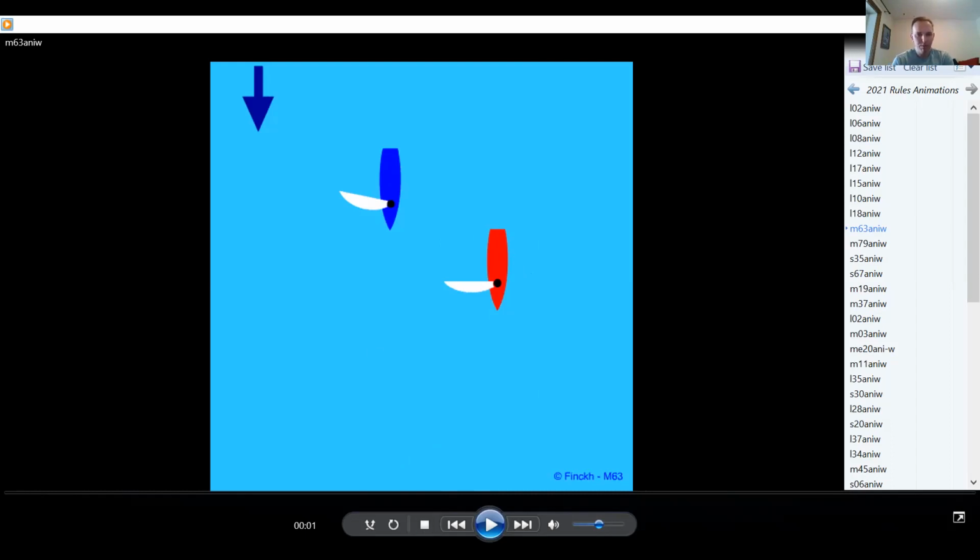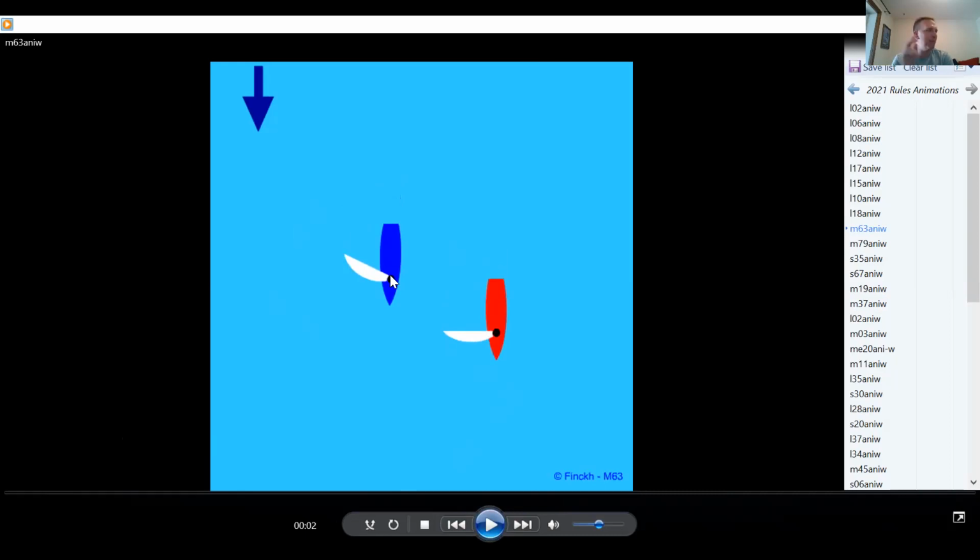But this is where English and sailing words are a little different. English says blue's windward, since it's closer to where the wind's coming from. But sailing rules-wise, blue is leeward, because you use the booms hanging off those boats. It doesn't really matter where the wind's coming from; the boom is pointing at the leeward boat.